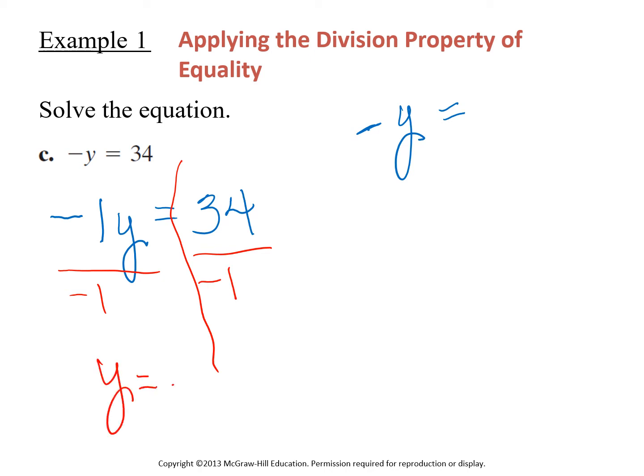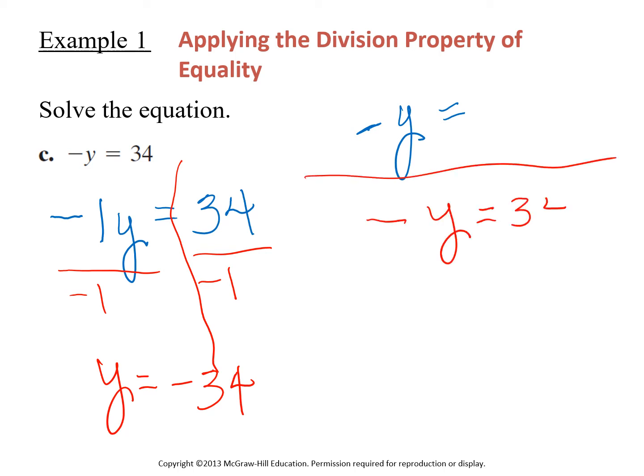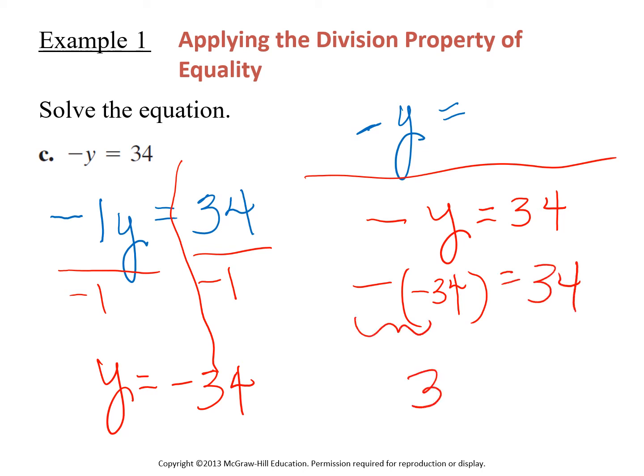And y equals negative 34 is my solution. And I will check this negative y equals 34, and I will replace y with the solution negative 34, and the opposite of negative 34 is positive 34, and that's my balanced statement.